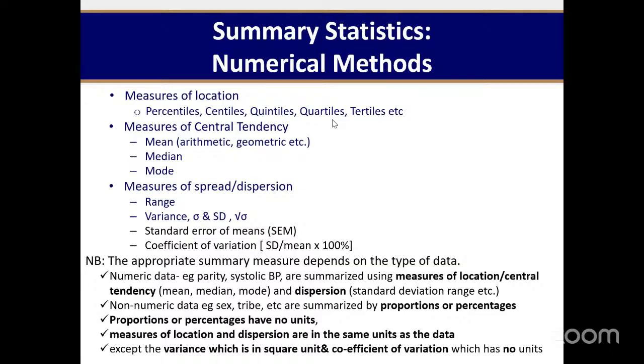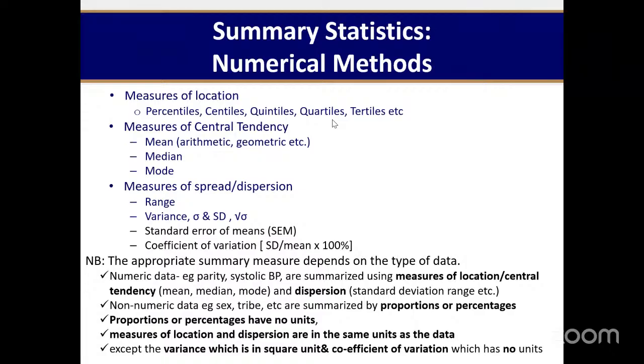In some situations, a percentage may not be appropriate because the proportion is so small. For example, if you take the medication leaflets of drugs and you look at serious adverse events, if they were to put it as a percentage, it would be 0.0000 something.